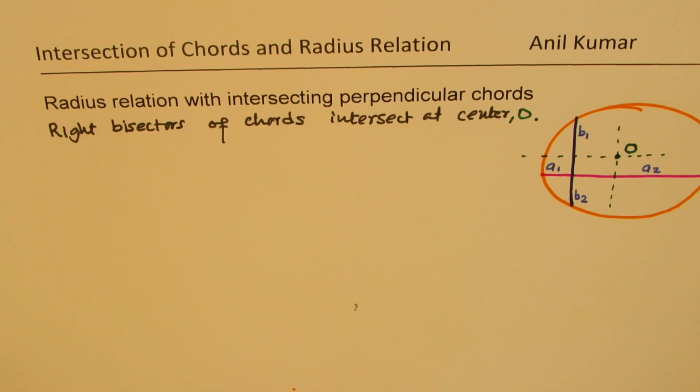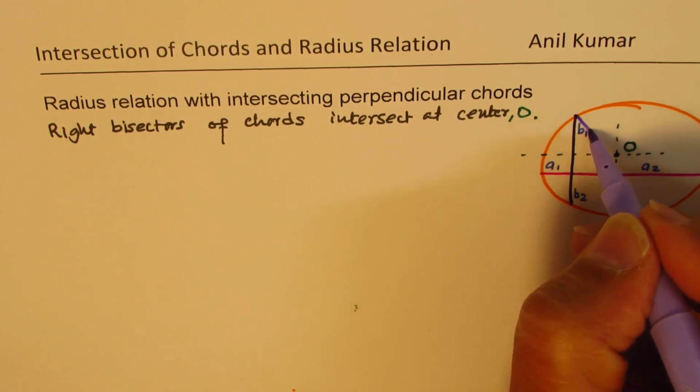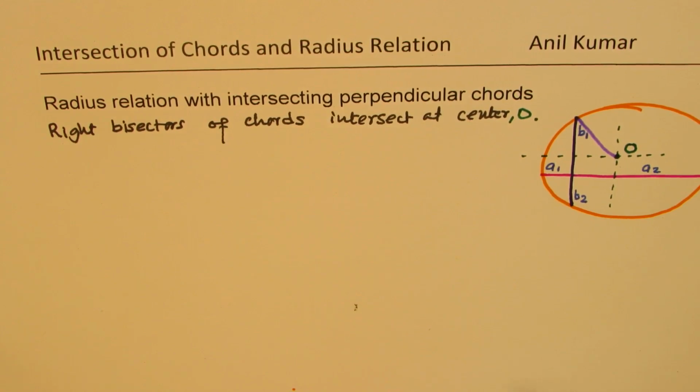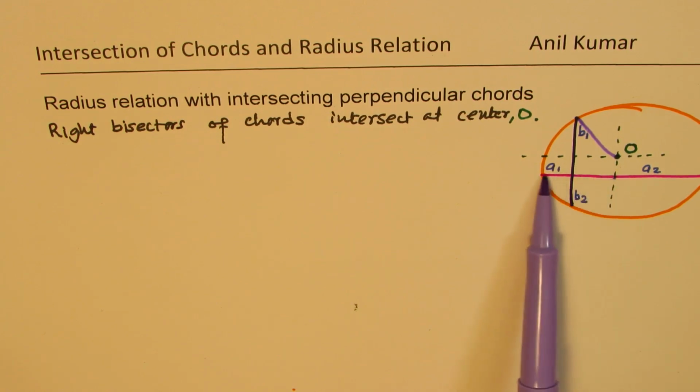Now we need to relate the radius to the chord segments, because we know the chord segments in our example. What we should do is find this length.